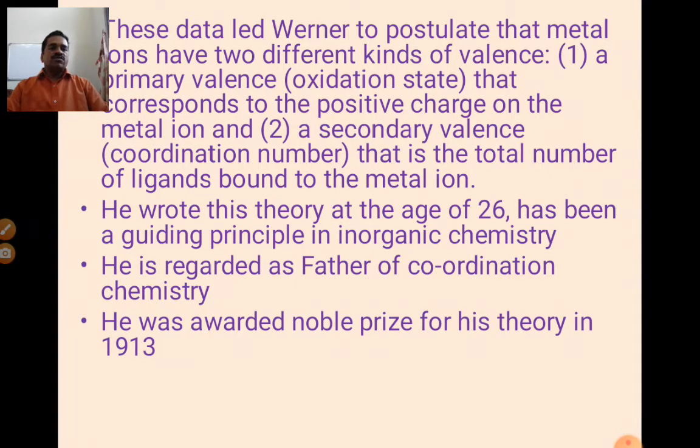This primary valency is the oxidation state of the metal ion and corresponds to the positive charge present on the metal ion. The second type of valency is the secondary valency. This secondary valency is equal to the coordination number of the complex, which is equal to the total number of ligands bound to the metal ion.